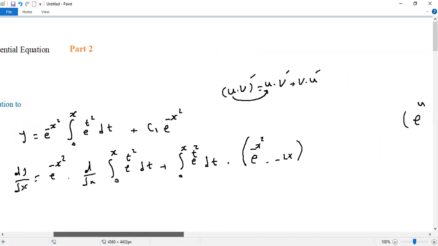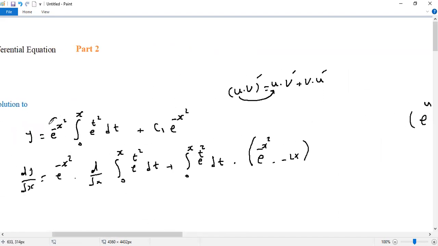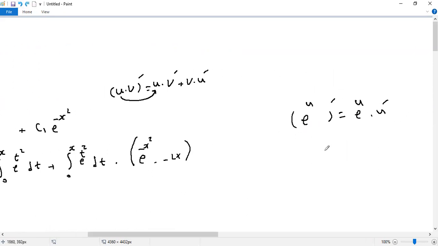So here I have e to the power minus x squared; the derivative is the same, times the derivative of the power, minus 2x. So here it is written minus 2x.